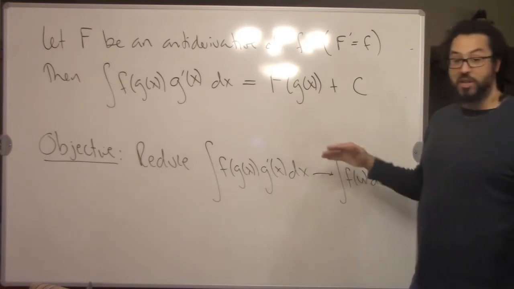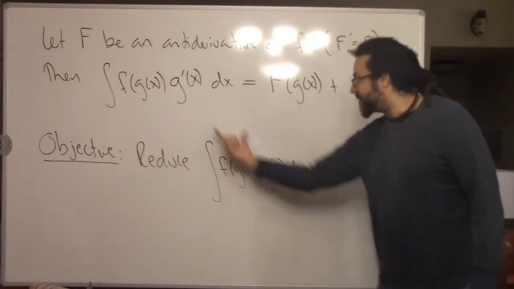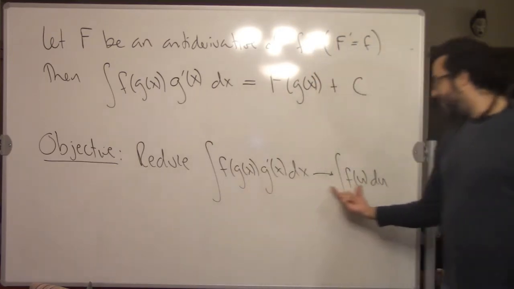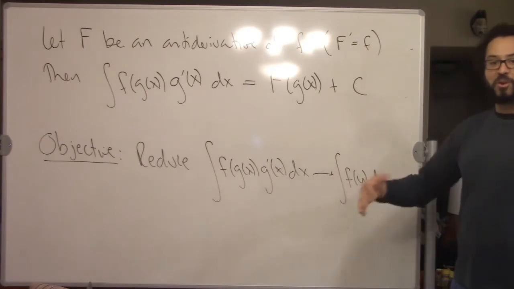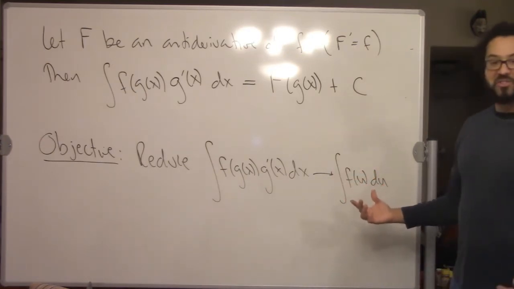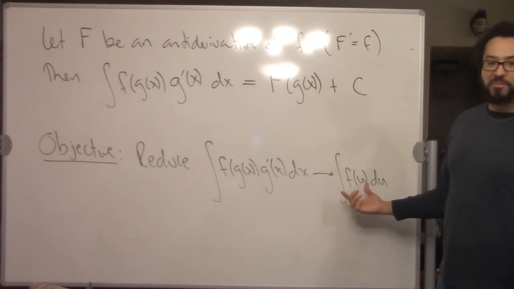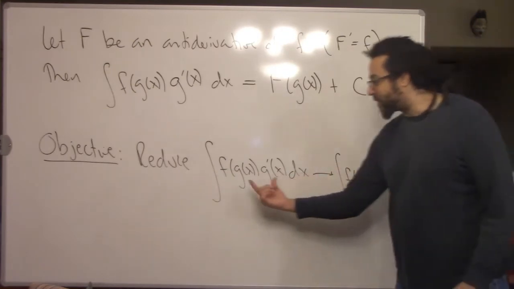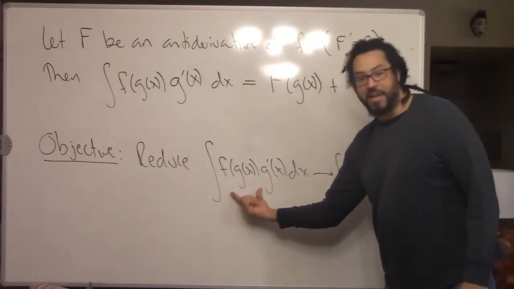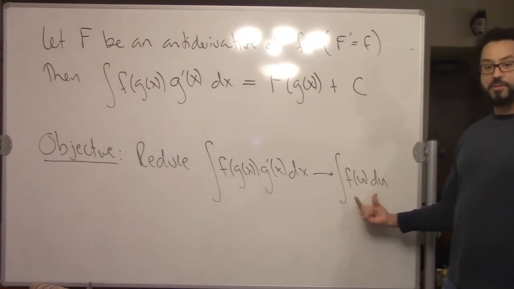So that's going to be the goal here, to take an antiderivative that looks like this, and then reduce it down to one of the simpler forms from the previous board, one of those 10 basic antiderivatives. There are some other basic ones too, but those 10 I think are worth memorizing. Anyway, that's the goal, to reduce this complicated antiderivative down to a much simpler one.